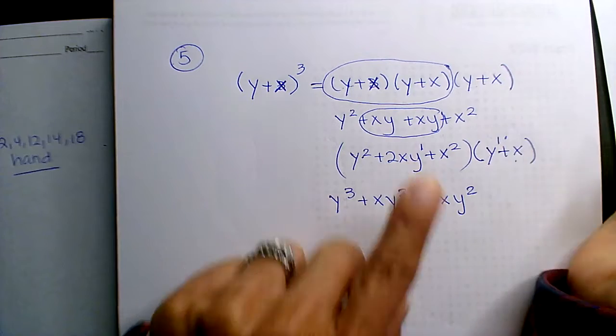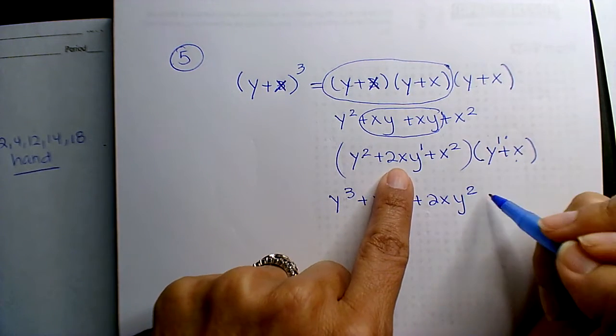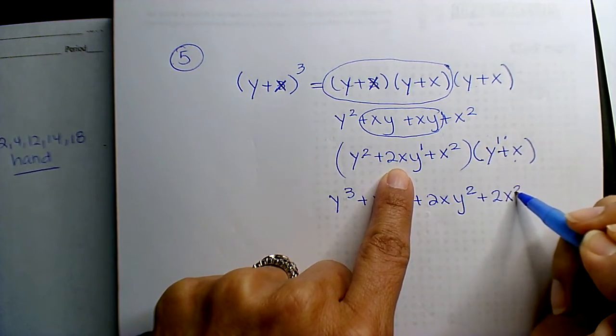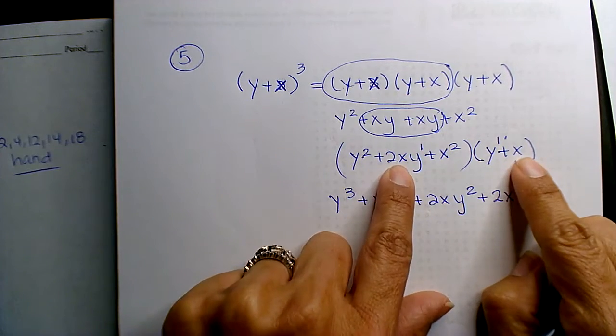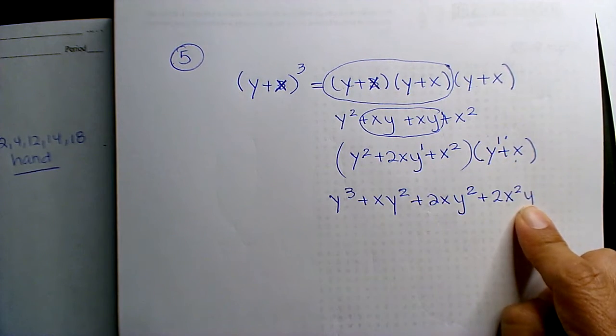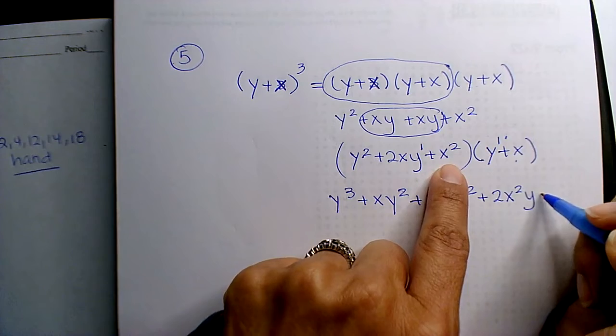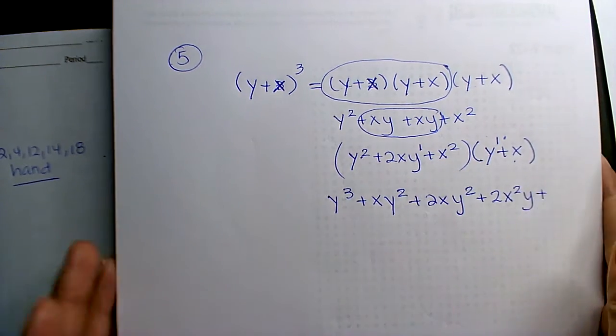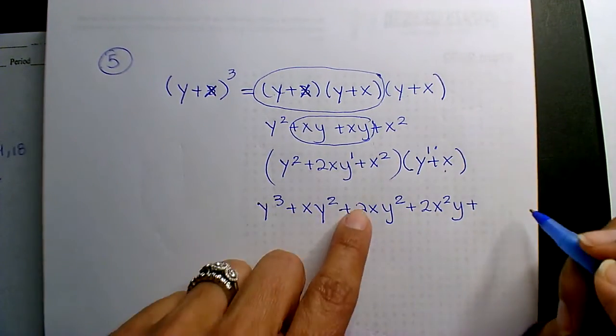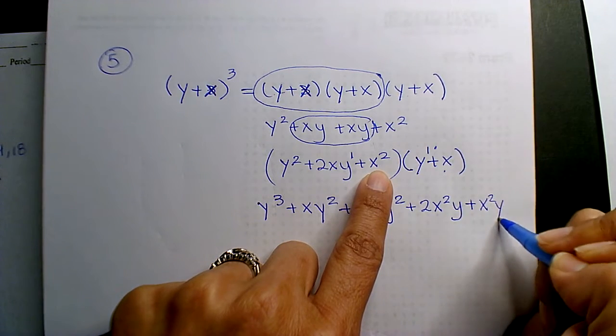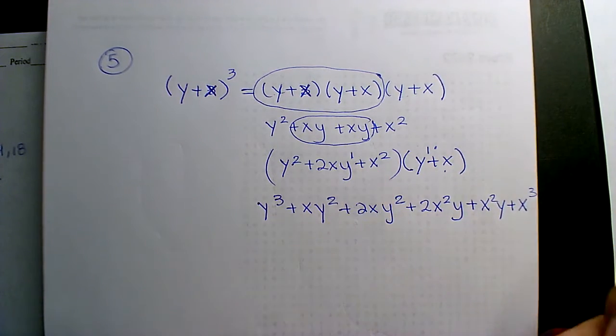Plus 2x squared y, because there's 2 x's, 1 y, right? And now, I'm running out of space, plus x squared y plus x cubed.